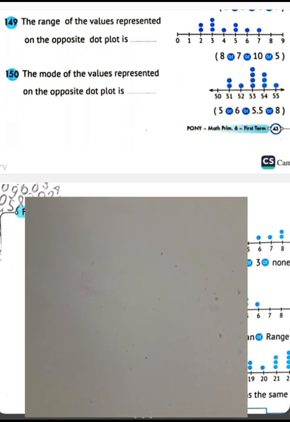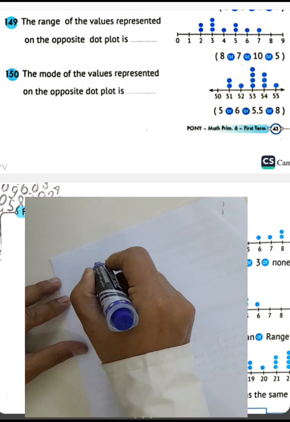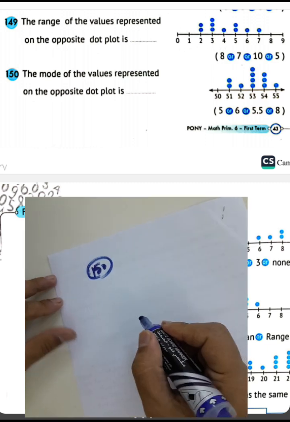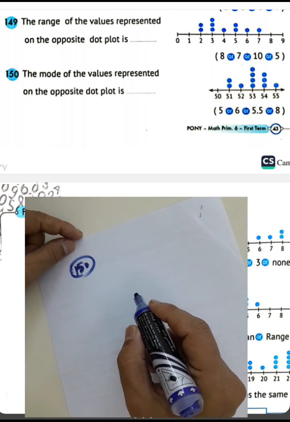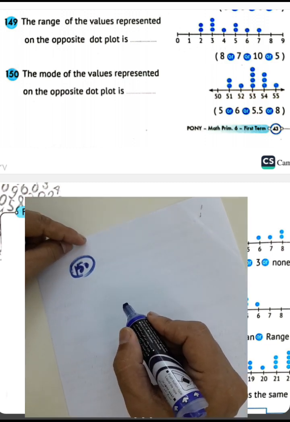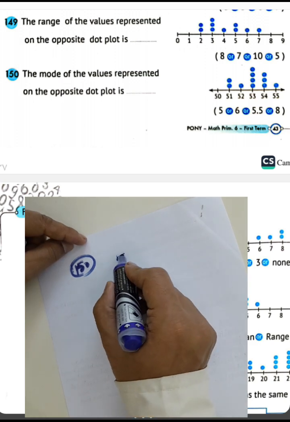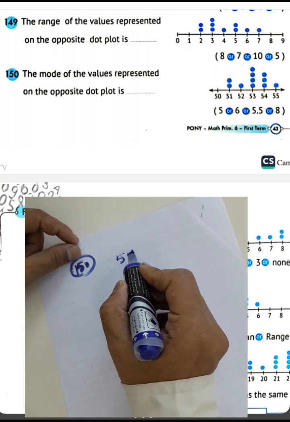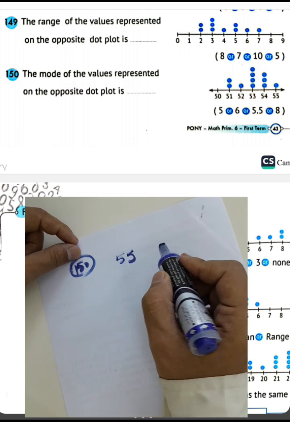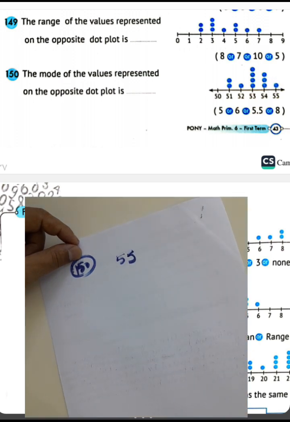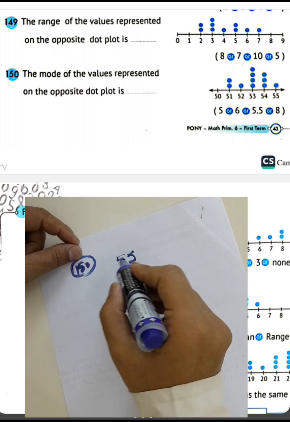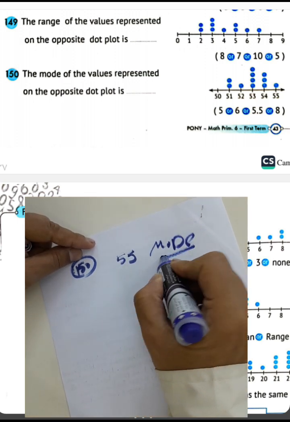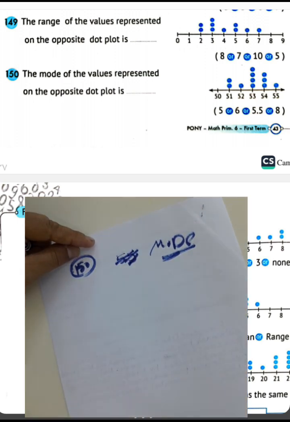Question 150. The mode of the values here. Sorry, you want to find the mode, but the range is the greatest number and the smallest number.